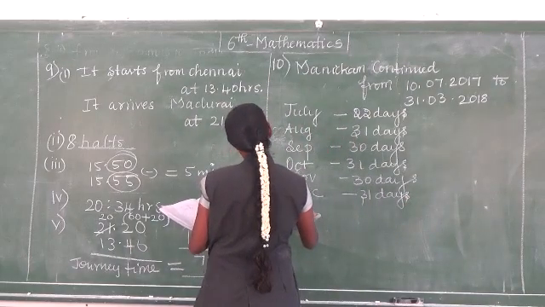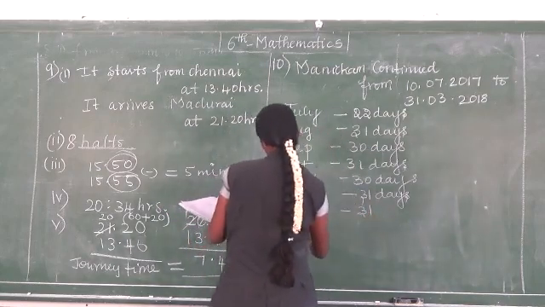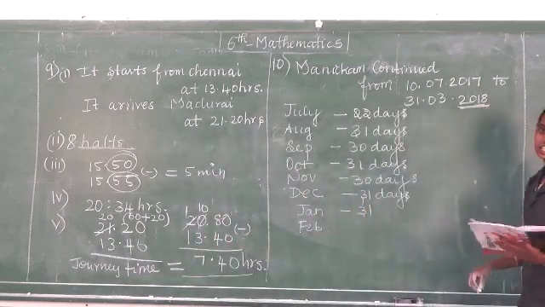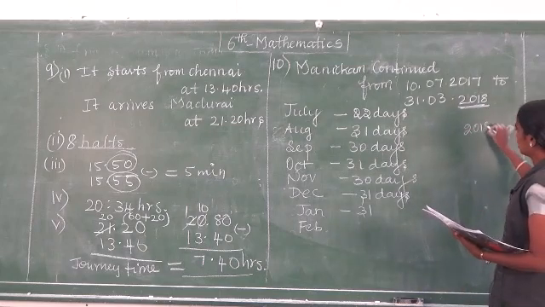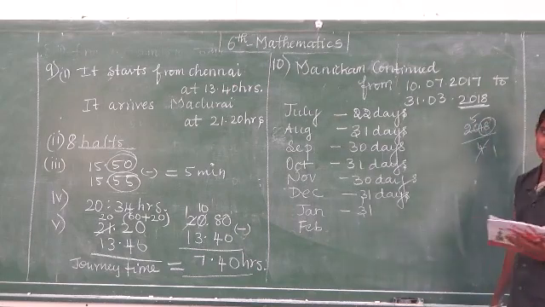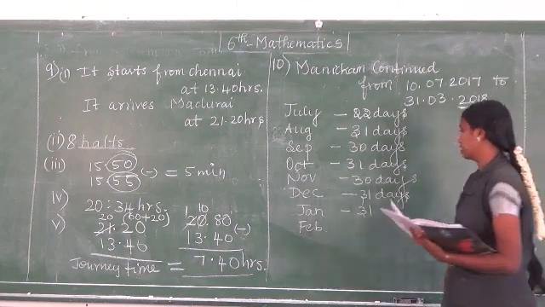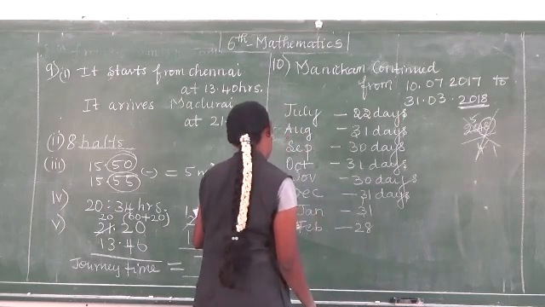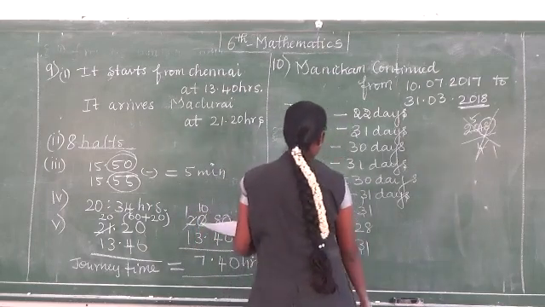Next we have January 31. February, if 2018 is a leap year we have 29 days. So is 2018 divisible by 4? This 18 will not come in the 4 table. So it is not a leap year. We can have this February month with 28 days. Then March month 31 days. Add now.